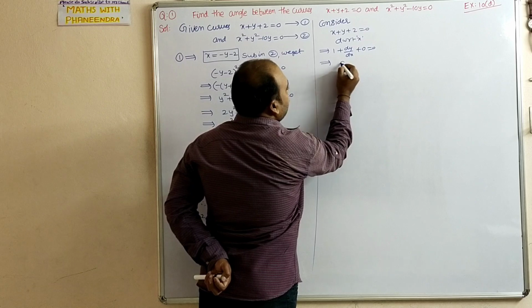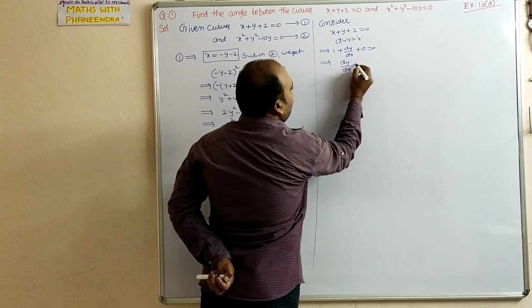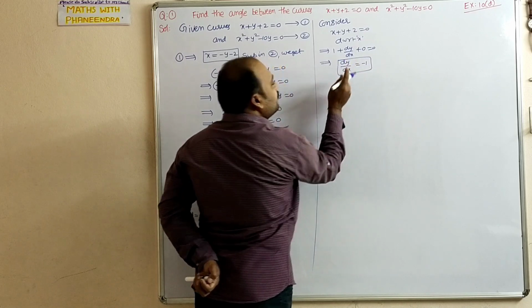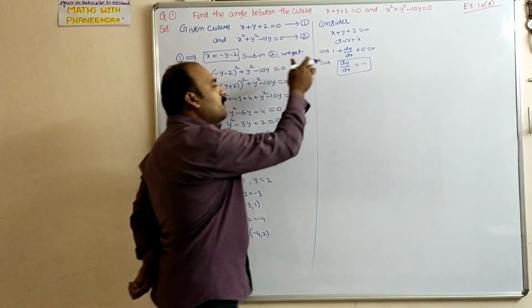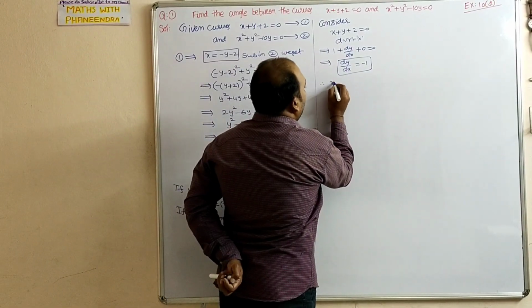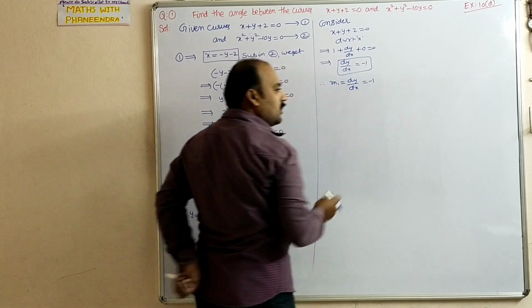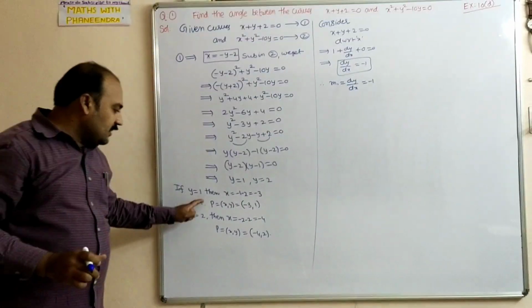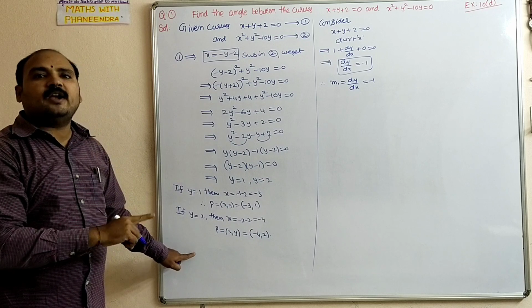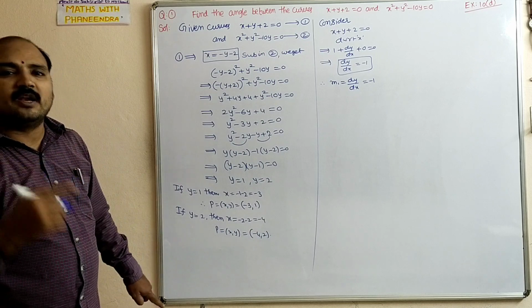That implies that dy by dx equal to minus 1. This is which curve? First curve slope, so it will become m1. Therefore m1 equal to dy by dx, which is equal to minus 1. Here two possibilities are there, no? Any one of them we can write, and the remaining case we can write similarly.